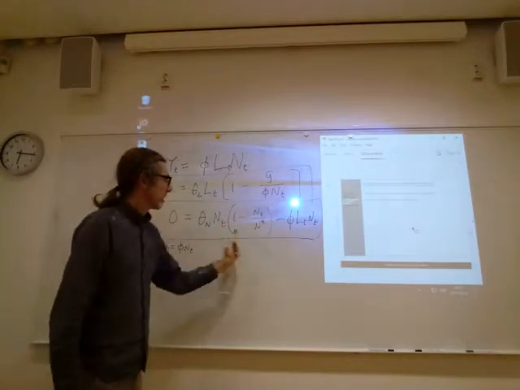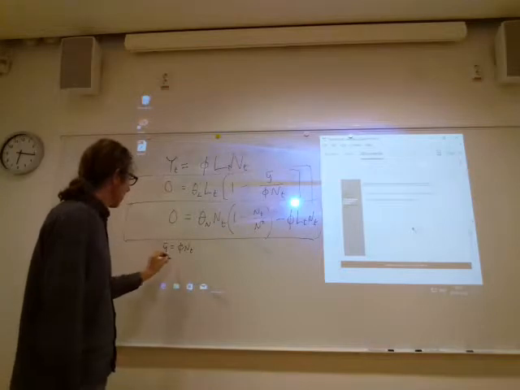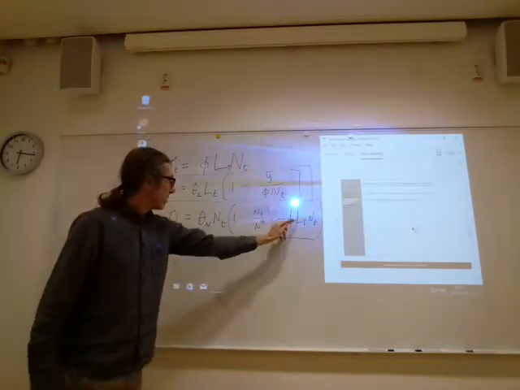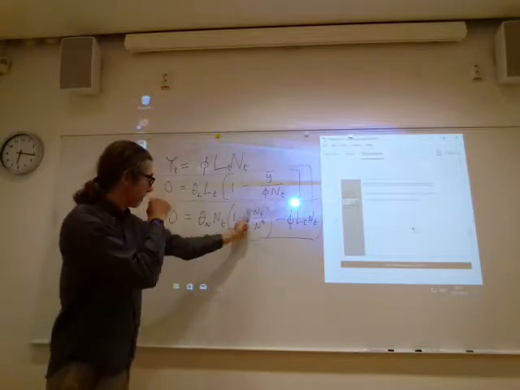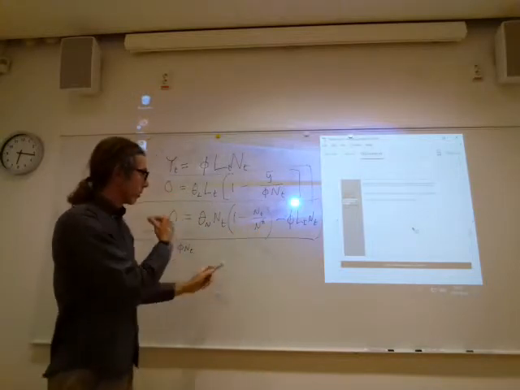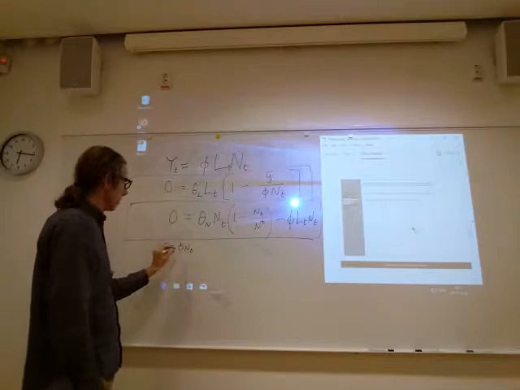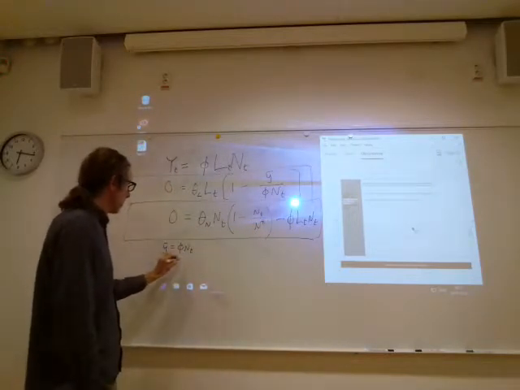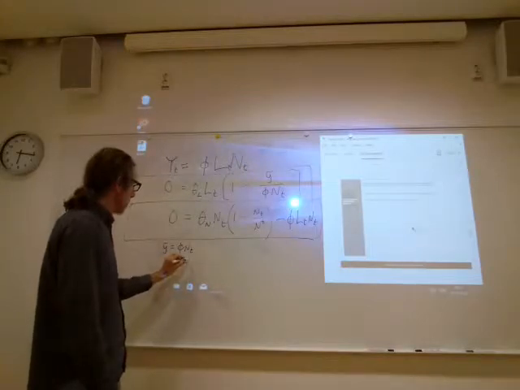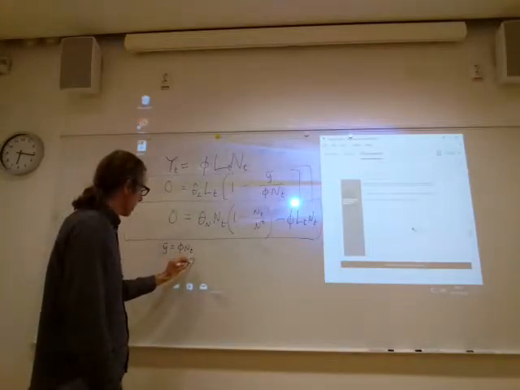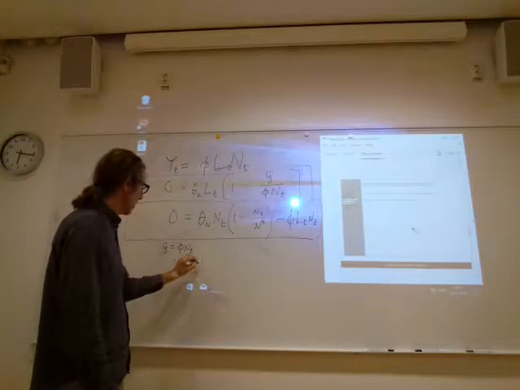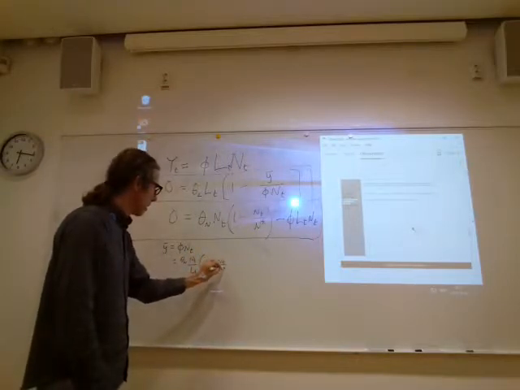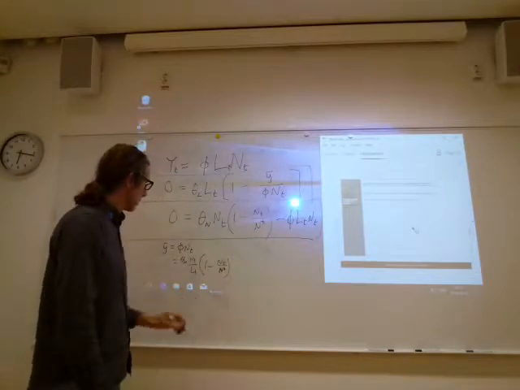But it must also be the case that phi lt nt is equal to this. These must be also equal, right? So phi nt must be this divided by lt, which is theta m nt over lt, 1 minus nt over n star.